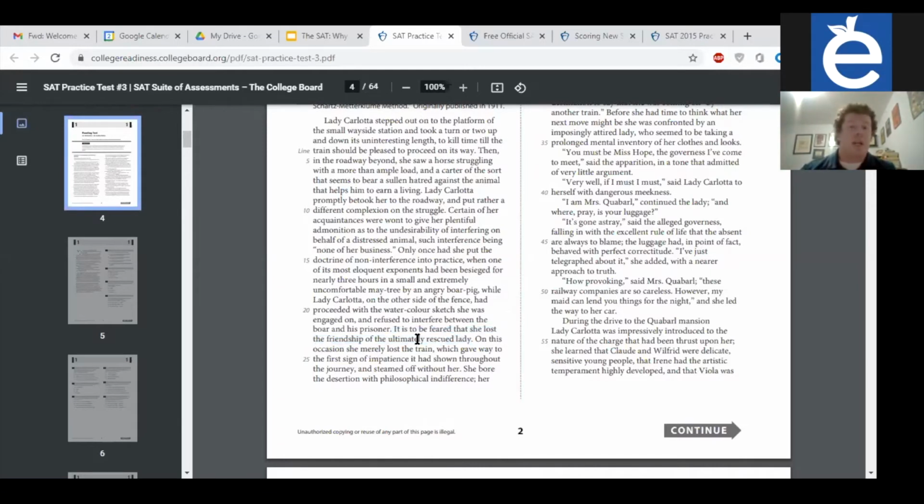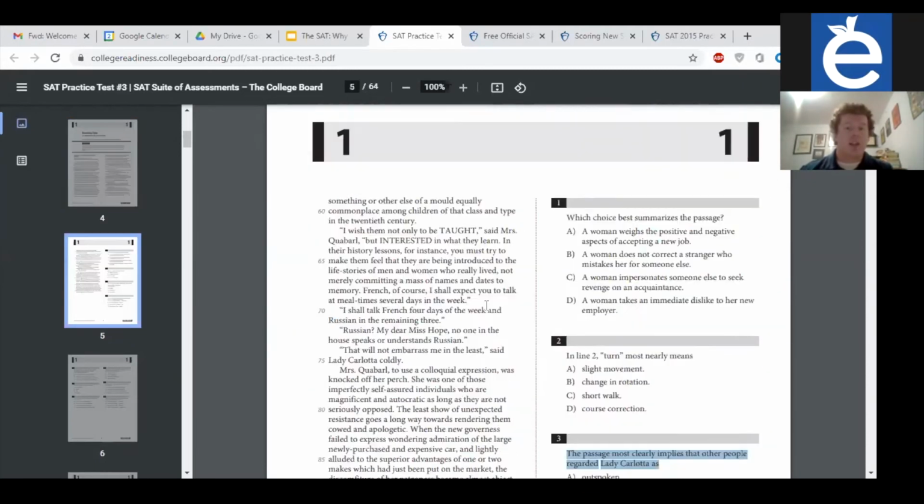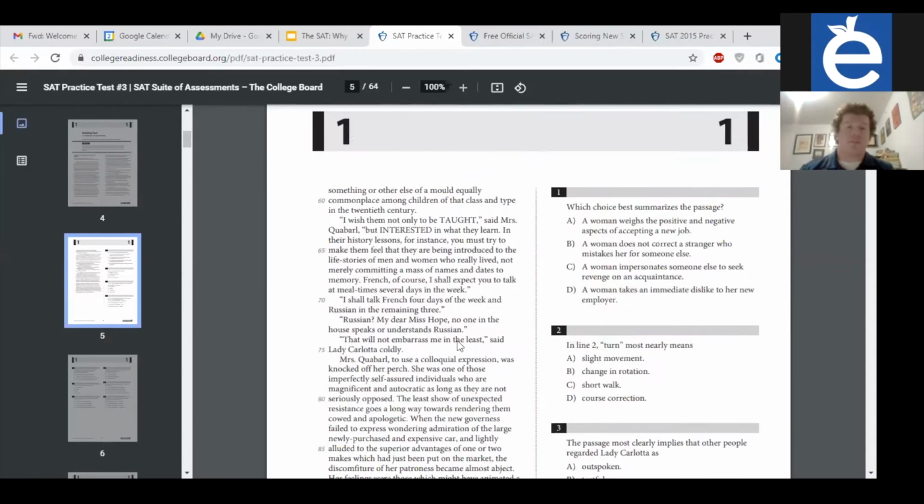We do see a mention of a different lady, but we don't really have anything specifically commenting on their opinion of Lady Carlotta. That comes back to question 3 and strictly applying that. What fits with what question 3 is asking us? And I think we can eliminate lines 22 through 23 as they don't strictly fit with what question 3 is asking.